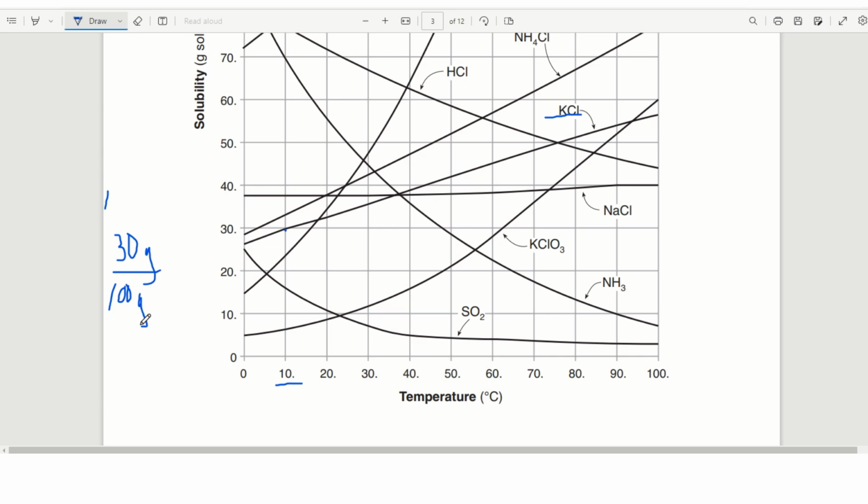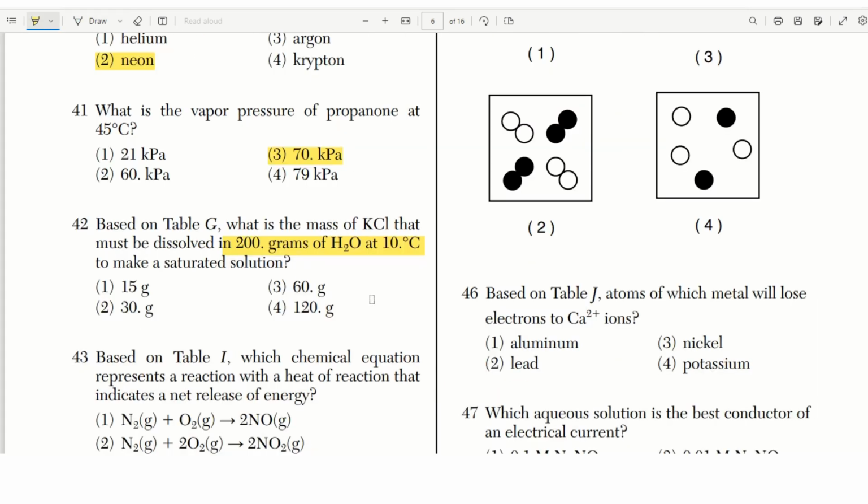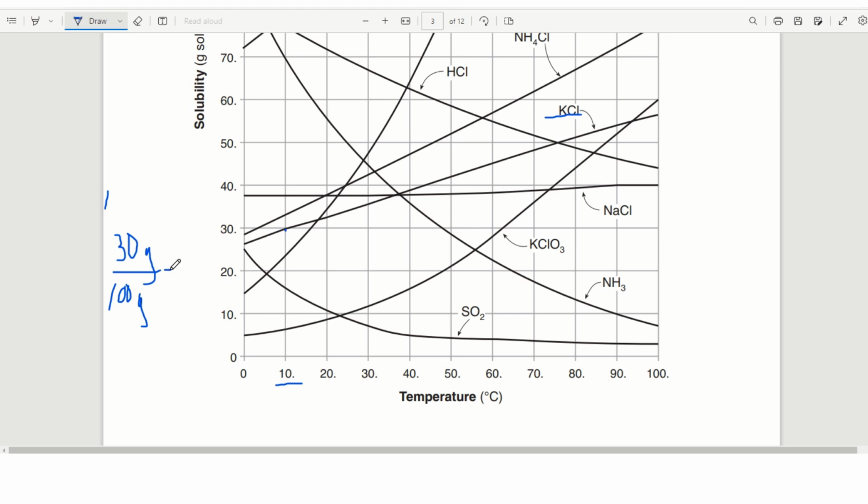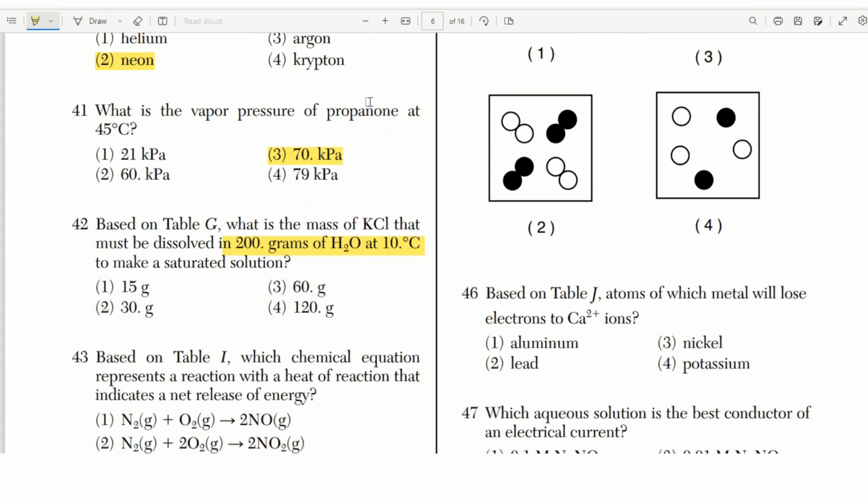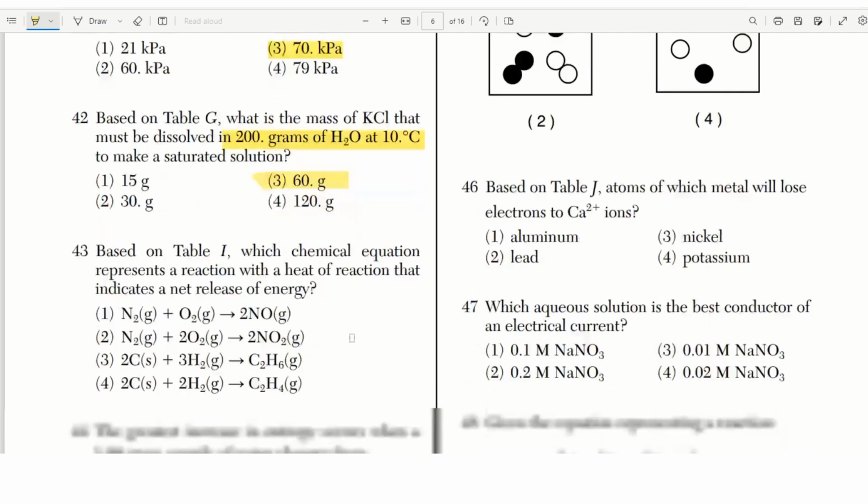But I don't have 100 grams of water. How much do I have? 200. So I could set up a proportion and make this be 200, but you should realize if I double the amount of water, I need to double the amount of grams. So remember, saturated means it's on the line, and you have to be careful to pay attention to how many grams they give you. In this case, I had to double the amount.